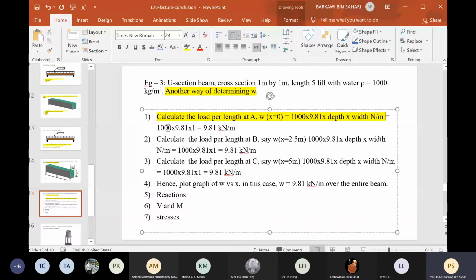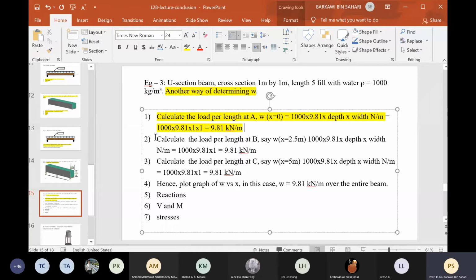So in this example, at A, rho is 1000, g is 9.81, and the depth and the width are 1. So I should have 9.81 times 1 times 1. Okay, so that is 9.81 kilonewton per meter.